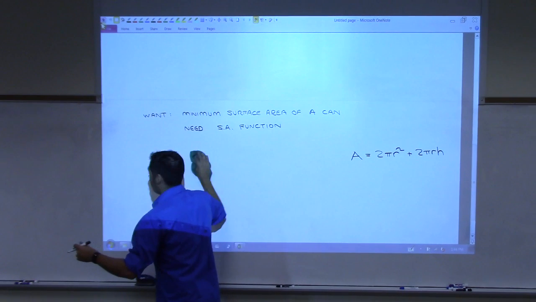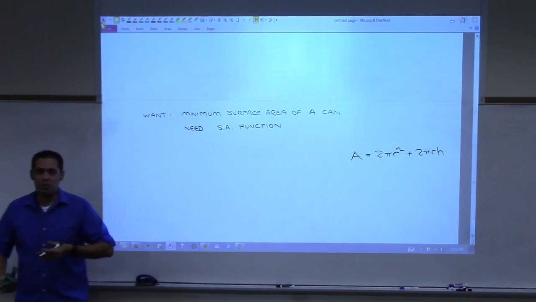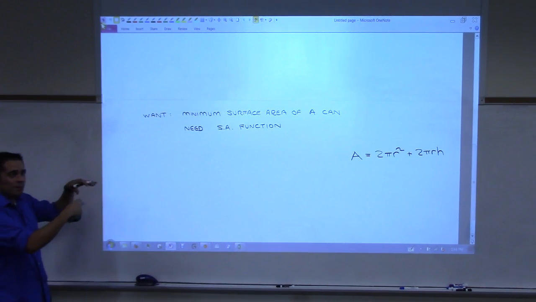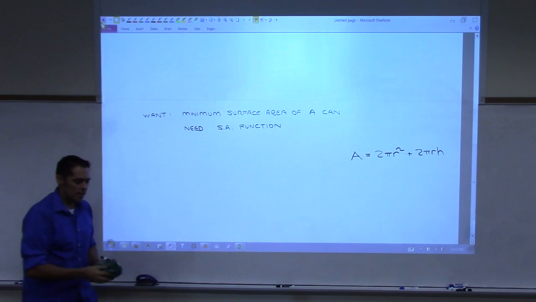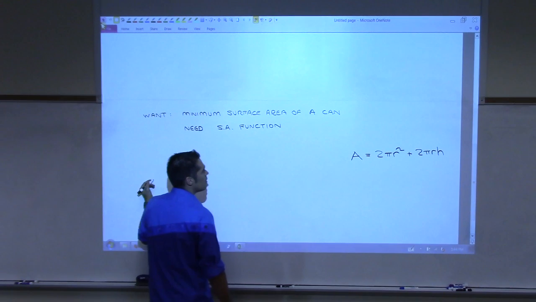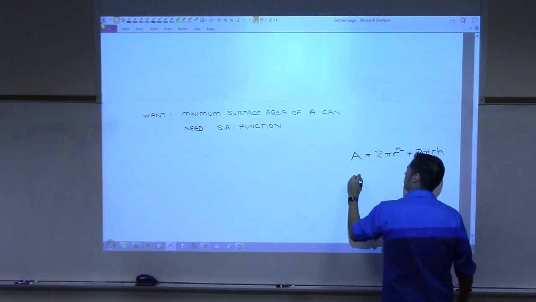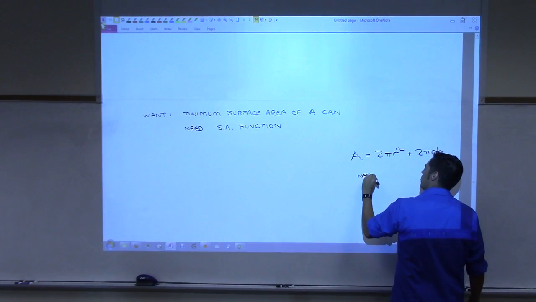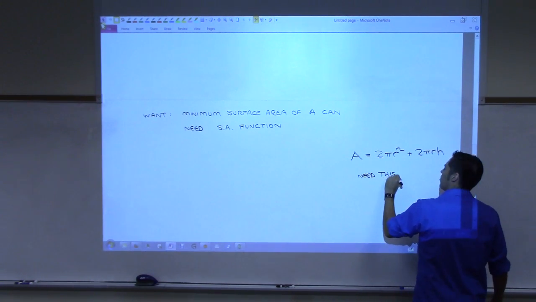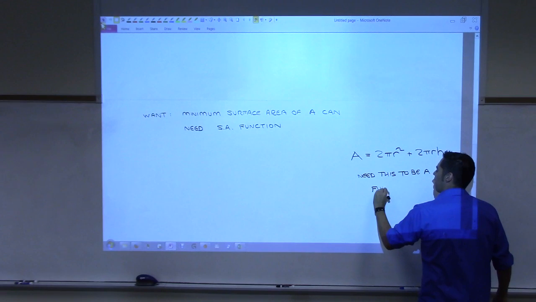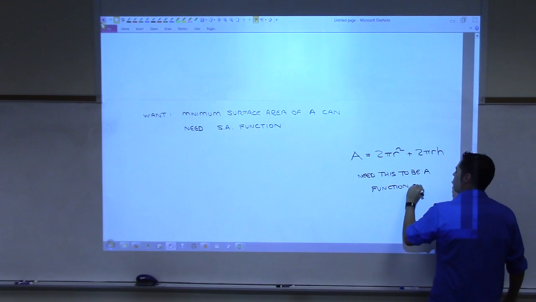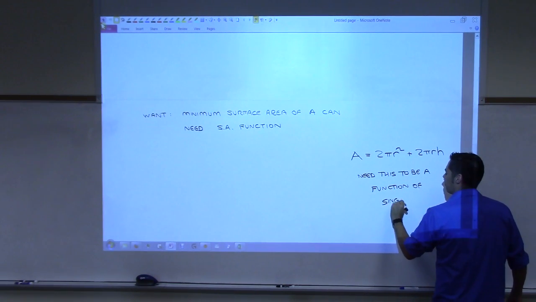We used some constraint equation to allow us to solve and replace one of those variables in there with something from our constraint. So let's talk constraint. We need this to be a function of a single variable.